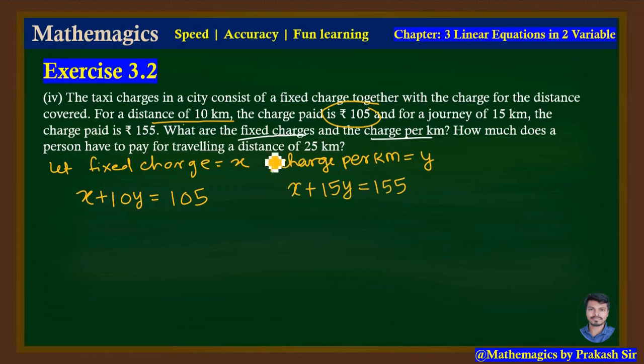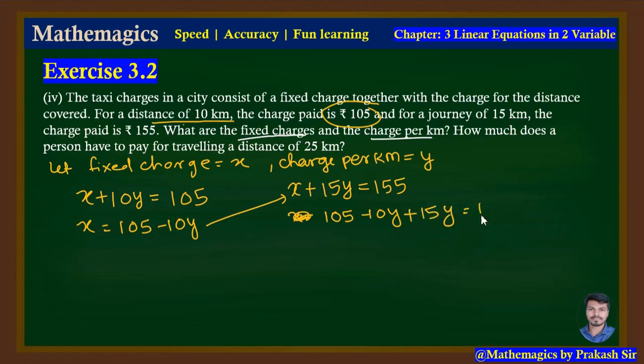So now, what are the fixed charge and the charge per kilometer? By solving this, we will obtain the values. Here, x is equal to 105 minus 10y, and we are going to put this value in the second equation. So x becomes 105 minus 10y, then this part plus 15y is equal to 155.